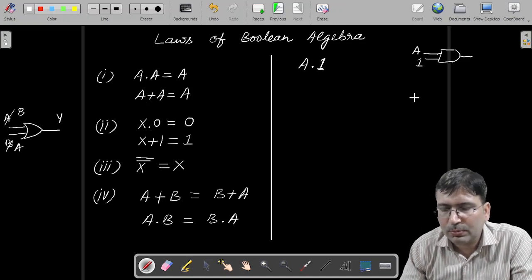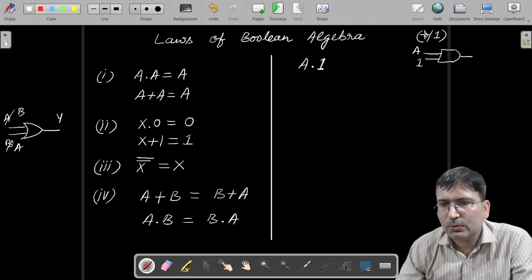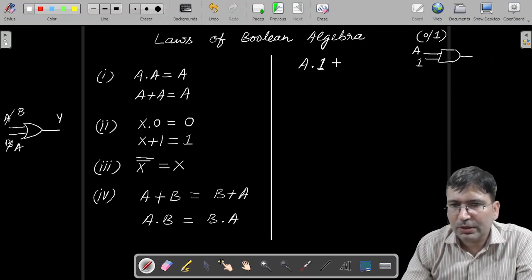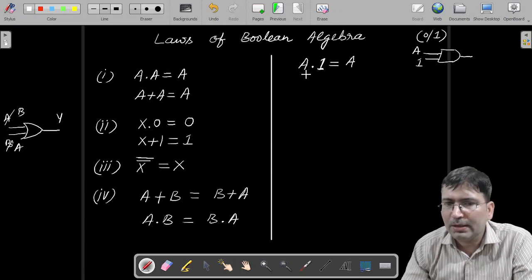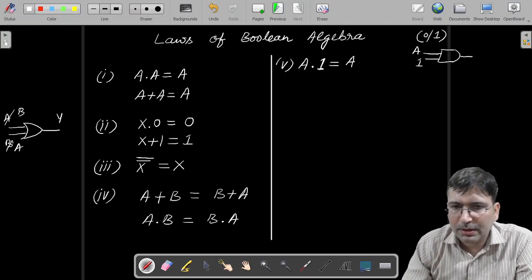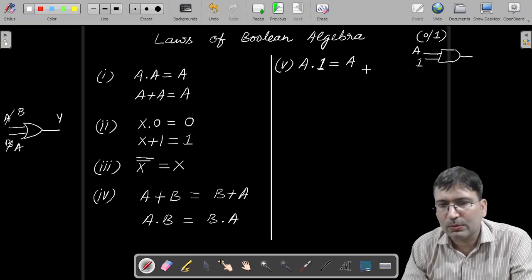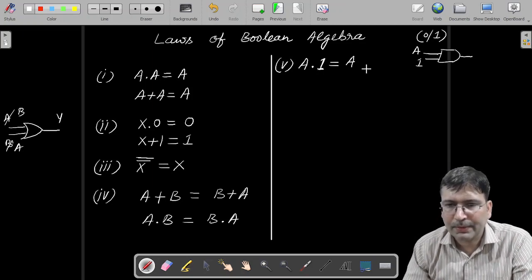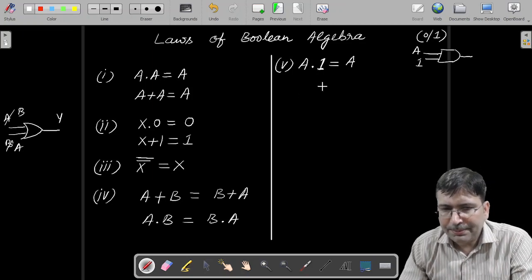Then what will be the output? If you test this with the help of a truth table, a can be either 0 or 1. When it is 0, it will give you 0, and when it is 1, it will give you 1. So it will always be dependent on a only. If a is 0, the output will be 0. If a is 1, the output will be 1, right?